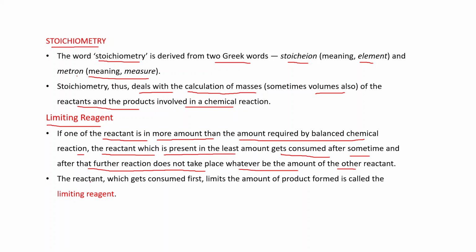So we can say the reactant which gets consumed first and limits the amount of product formed is called the limiting reagent. Simply, the reactant present in the lesser amount is consumed first and decides the amount of product formed. That's why that reactant is known as the limiting reagent.